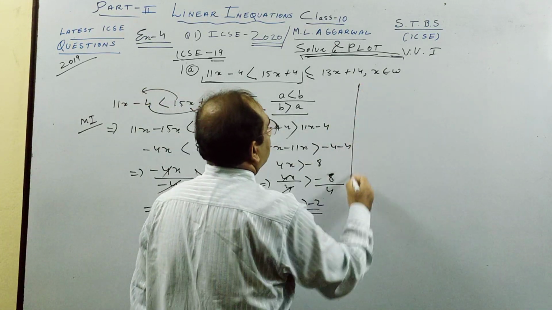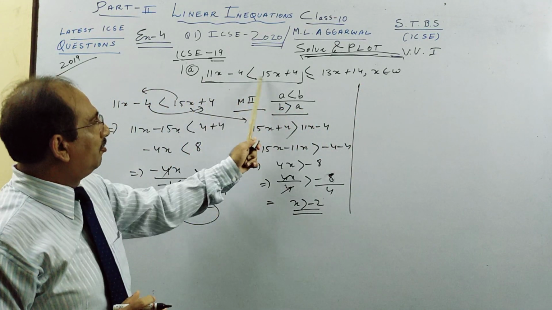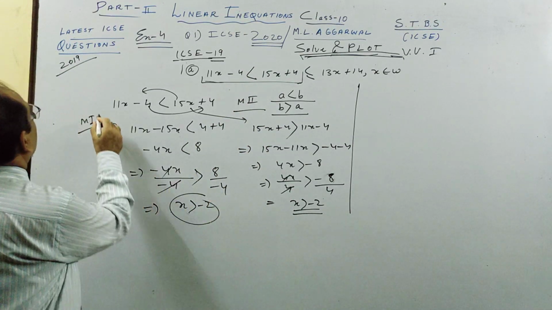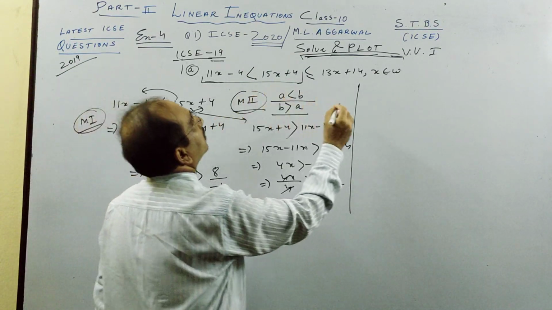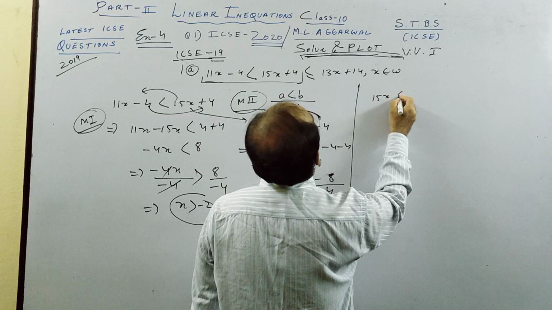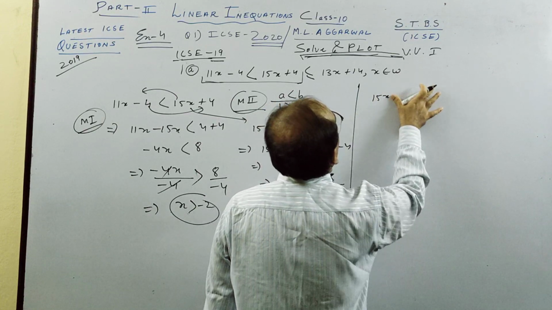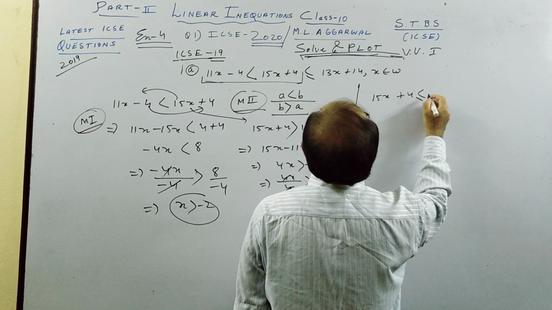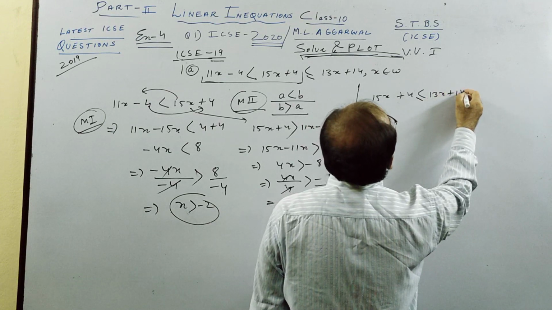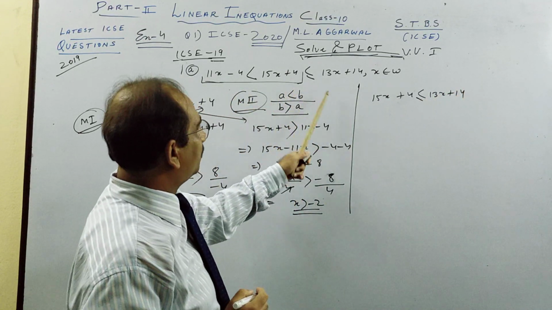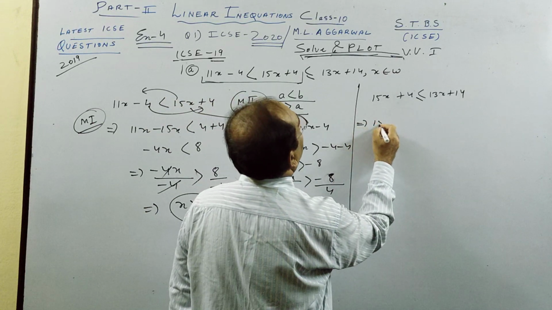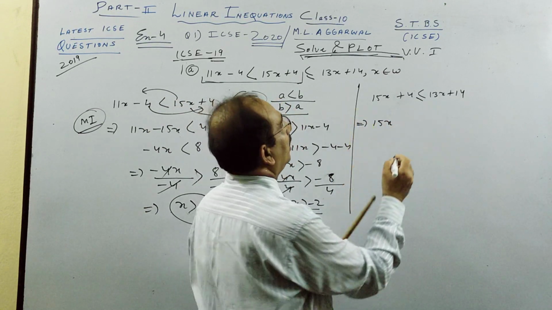Now the next part, this side. For the first side I have shown you two methods, method 1 and method 2. See here: 13x plus 14, 15x plus 4. So what we get, 15x, see, the smaller coming towards the bigger.